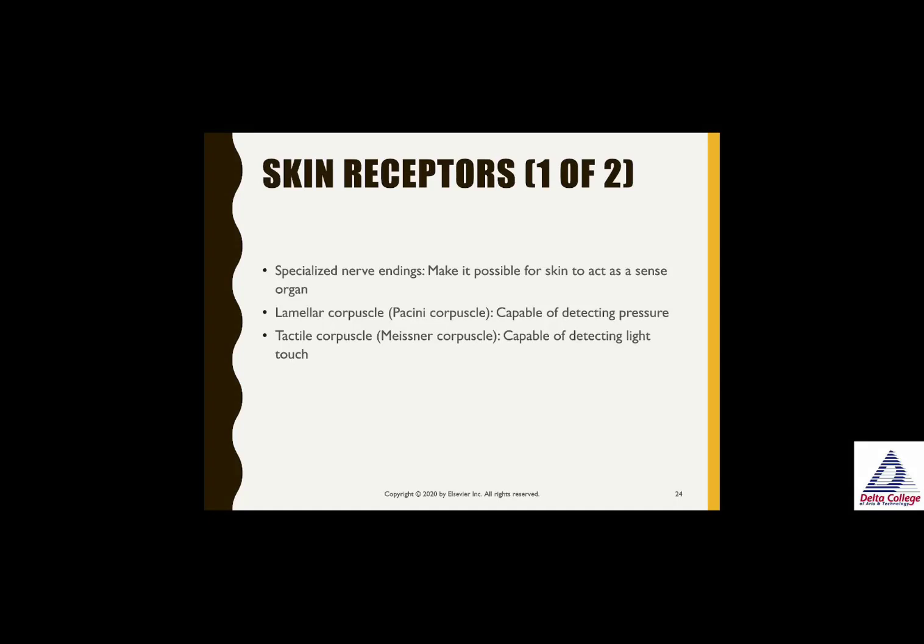Now, skin receptors are specialized nerve endings that make it possible for skin to act as a sense organ. We have the lamellar corpuscle, the Pacini corpuscle. This is capable of detecting pressure. So lamellar corpuscle, pressure. Then we have our tactile corpuscle, which is the Meissner corpuscle, and this is capable of detecting light touch, tactile touch.